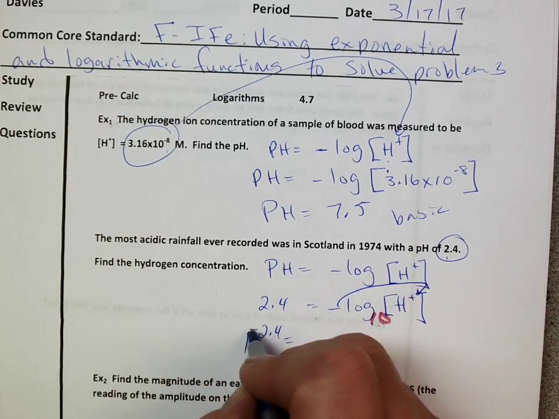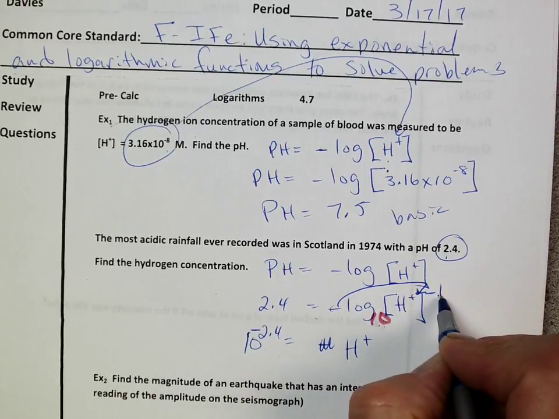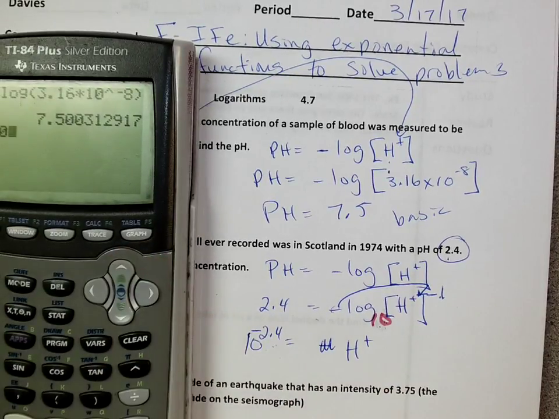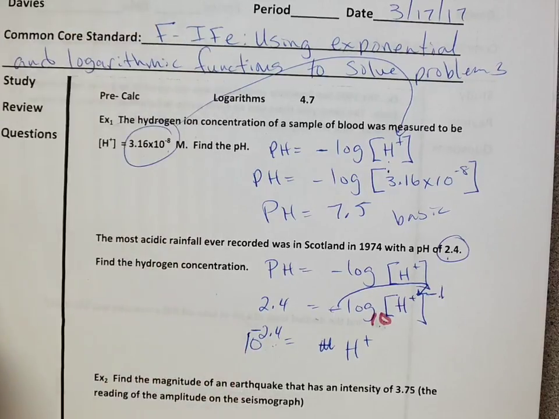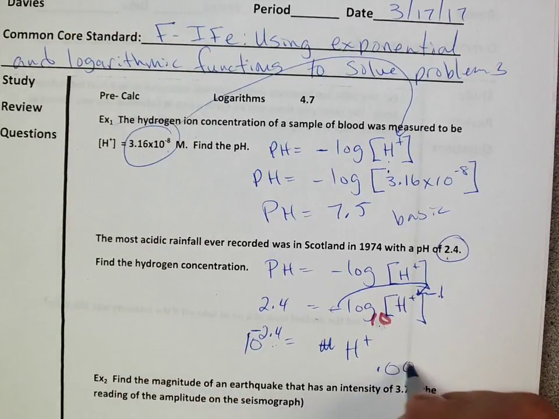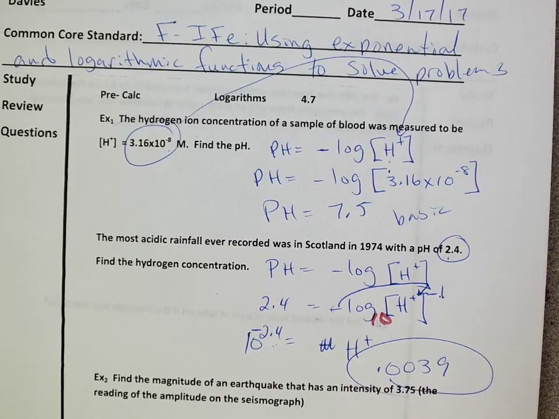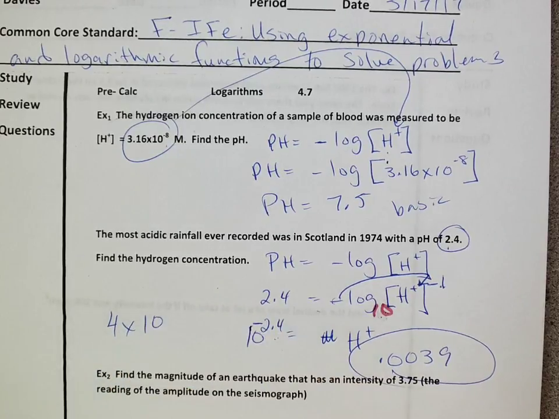So I bring the negative with the 2.4. So we'll go 10 to the negative 2.4, and we get about 0.0039 as our hydrogen concentration. Or the book likes this as about 4 times 10 to about the negative 3. So I round that up to 4.